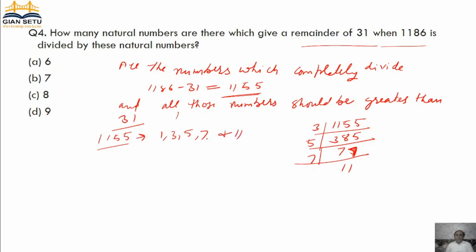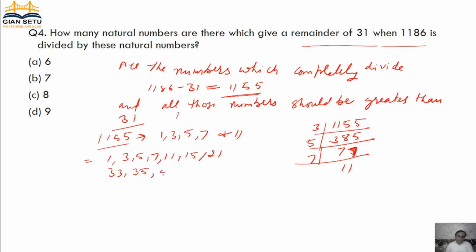So all the numbers which completely divide 1155, right, are 1, 3, 5, 7, 11, right. Then we have 15, then 21, then 33, 35, right.